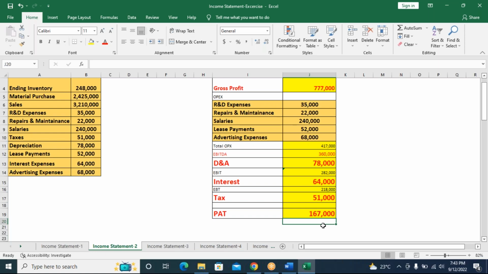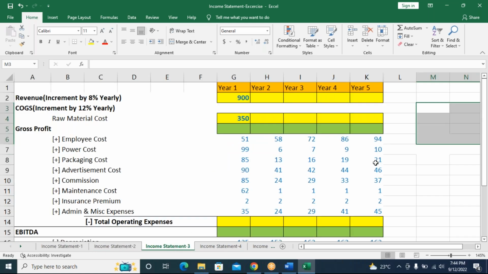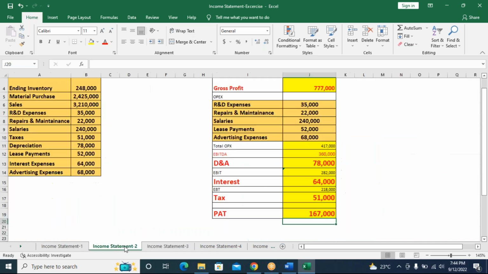Okay. So next one, we will finish it up. This one, third one, income statement, I will do it tomorrow.